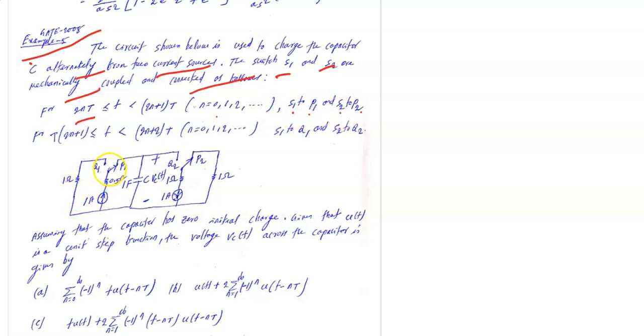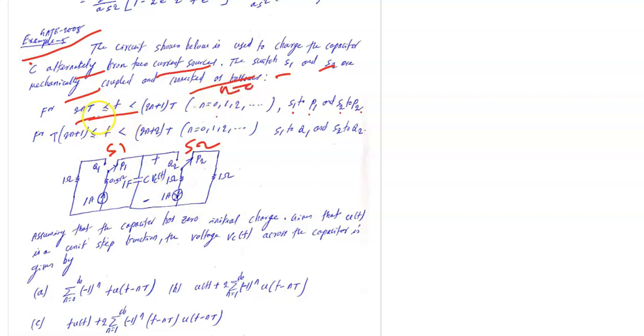This is the switch S1 and this is the switch S2. S1 is connected to P1 and S2 is connected to P2, right? That means for this time, for example, let's consider n equal to 0.